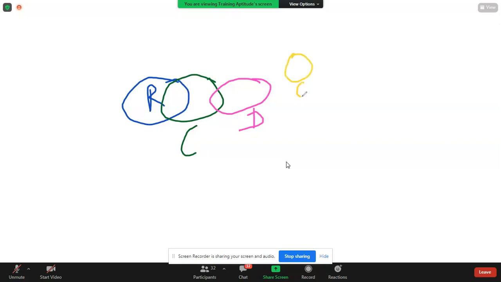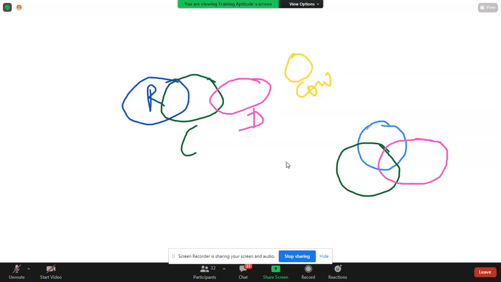This is one possibility. Second possibility: there are three or four different possibilities, but one of them is like this, where I've got everyone overlapping with everybody. No dog is cow, so except for dog, I can have cow like this.